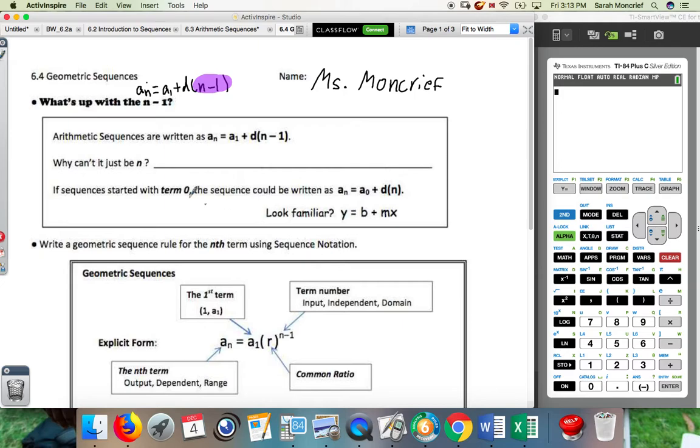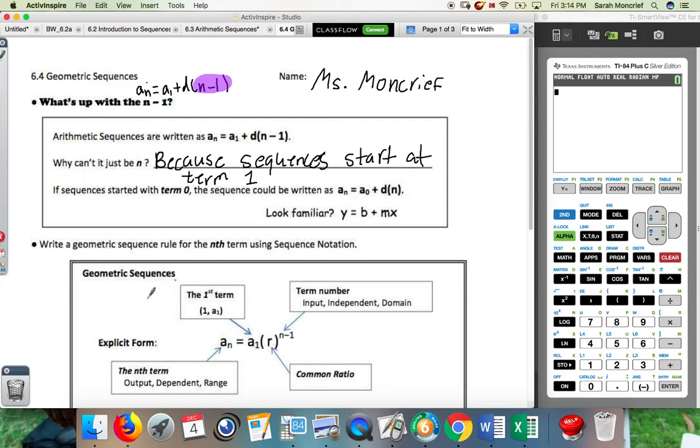Well, it can't just be n because sequences start at term 1.